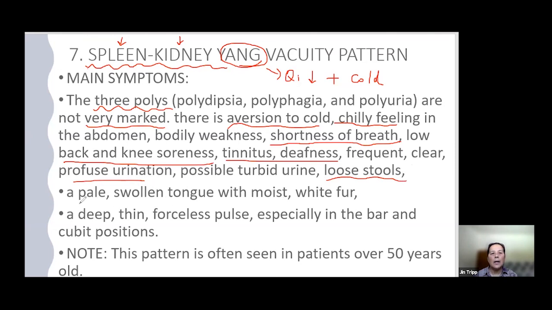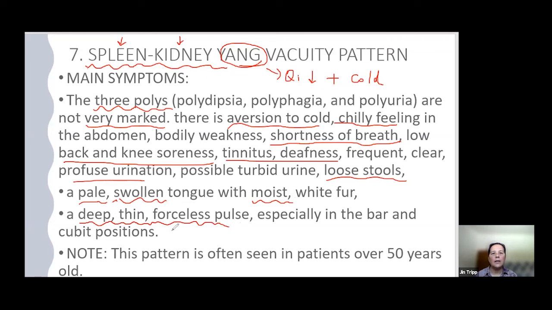And the tongue is pale and swollen because yang deficiency couldn't transform extra water, causing water retention inside, and a moist, slippery kind of tongue coating. The pulse is deep and thin and pretty weak.